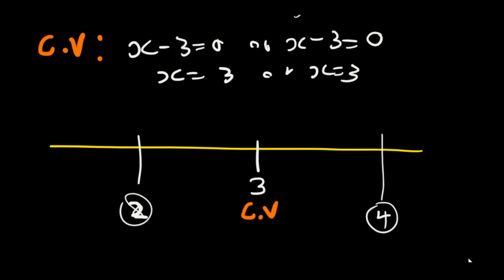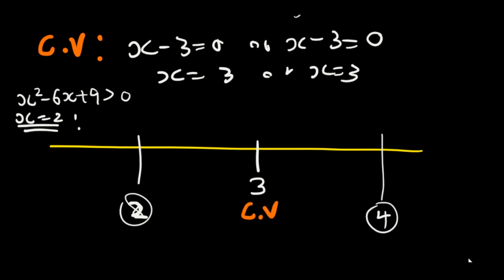Test those values. How do you test? Remember, your standard form of equation is x squared minus 6x plus 9, right? Greater than 0. So you're going to substitute when x is equal to 2. What are you getting? And what I'm mostly interested in is the sign, as I said again.